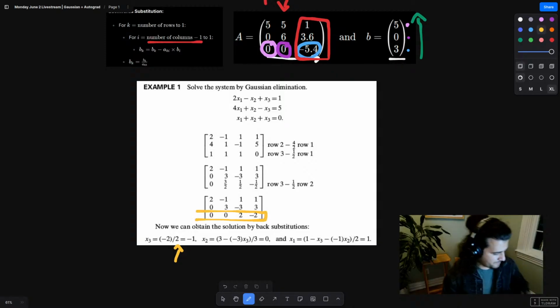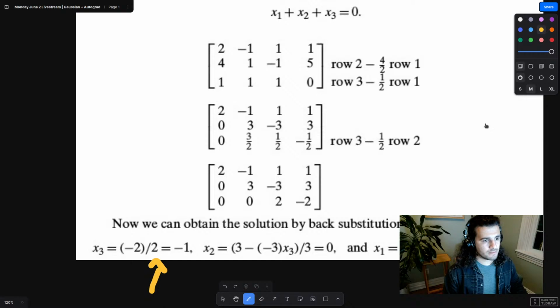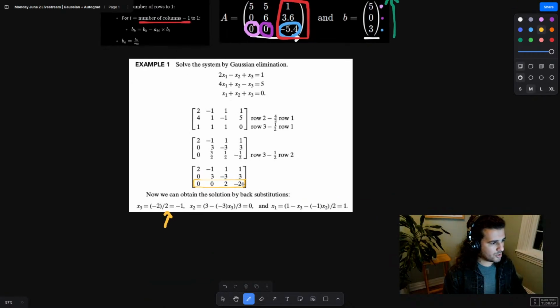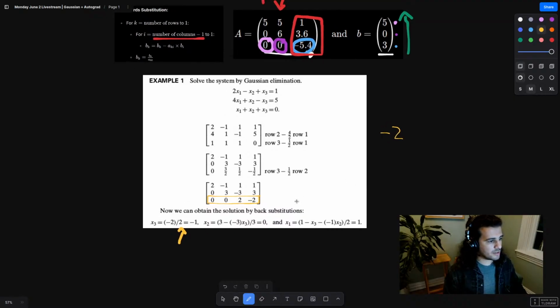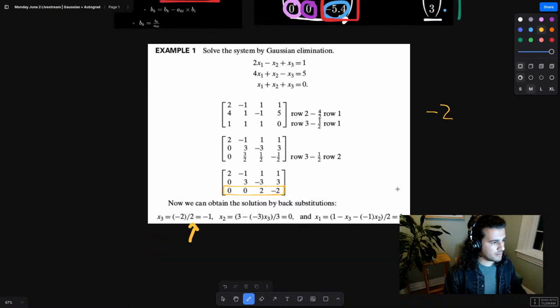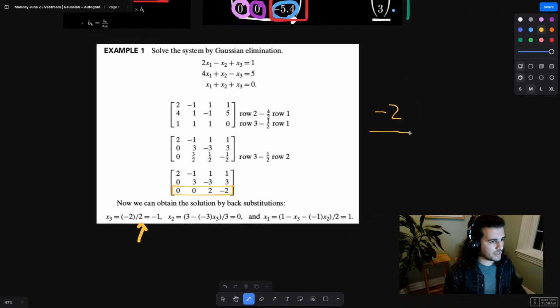When we get there, yeah, well, what are we doing here? We're doing -2, and then we're doing nothing, and then we do divide by 2, which is that here, right?